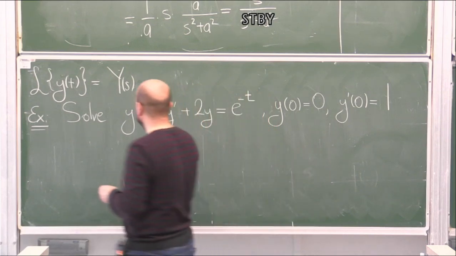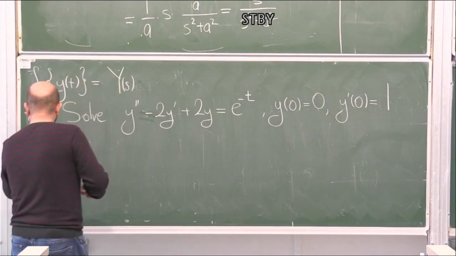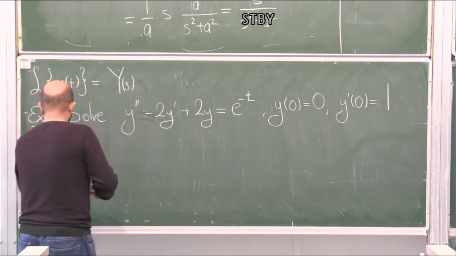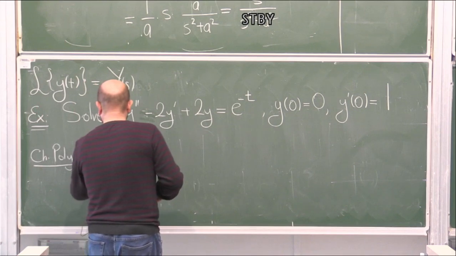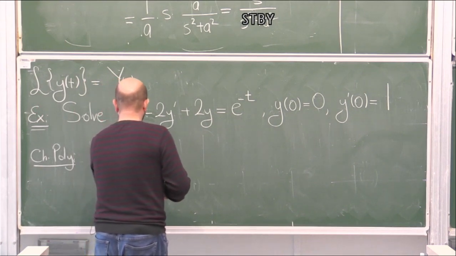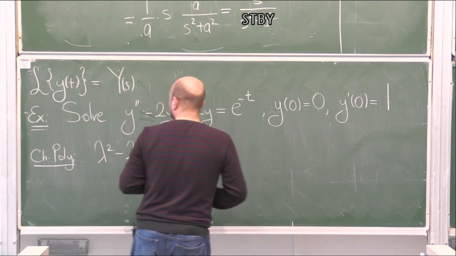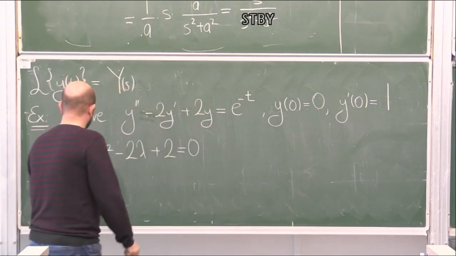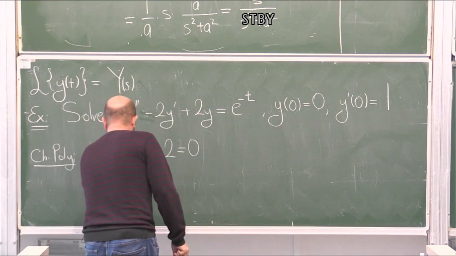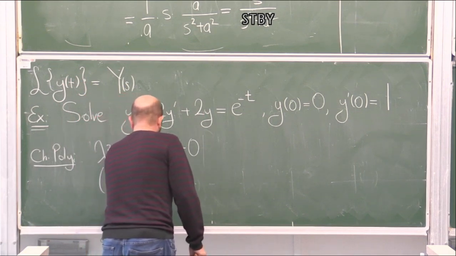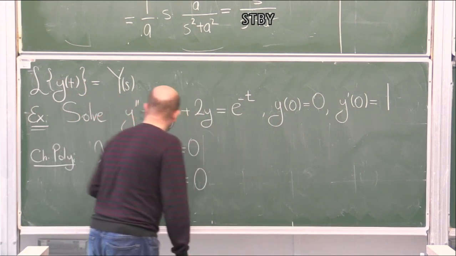So I'm starting now. All right, for this problem, the characteristic polynomial is lambda squared minus 2 lambda plus 2 equal to 0. If you look at it, this is (lambda minus 1) squared plus 1 equal to 0.